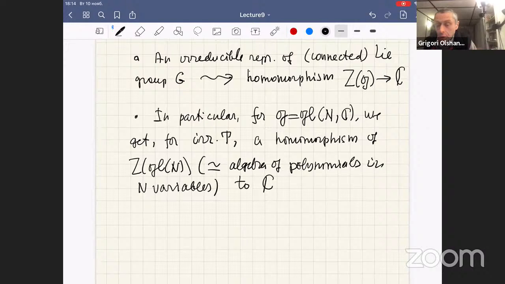So now we want to understand this. We know what the irreducible representations are, which correspond to signatures.